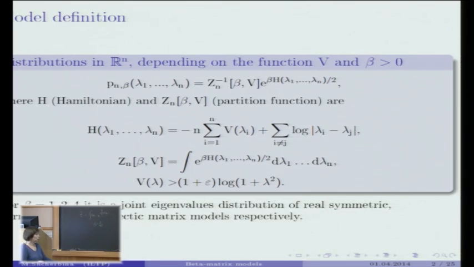This is the normalizing factor, normally called the partition function of the model. And why is it a matrix model? Because for beta equal 1, 2, and 4, it is the joint eigenvalue distribution of real symmetric, Hermitian and symplectic matrix models.